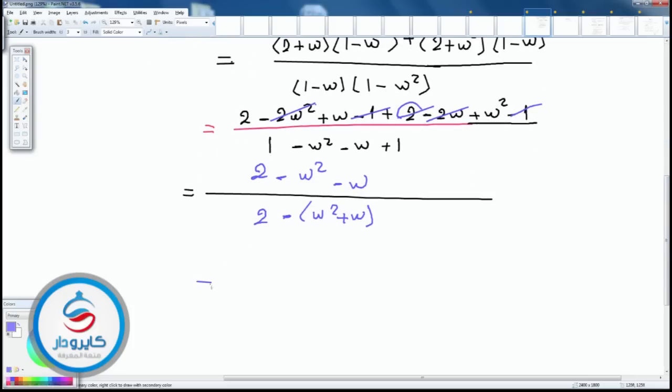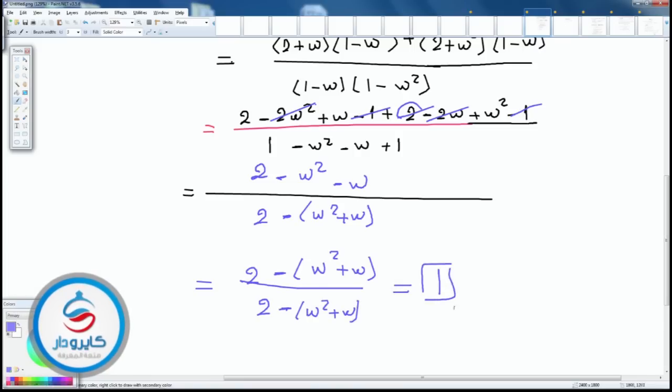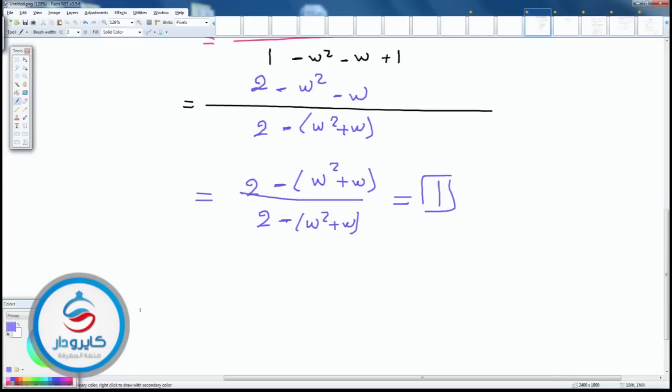Take negative as a common factor: 2 minus omega square plus omega over 2 minus omega square plus omega. That means 1. And now 1 is the sum of the roots.